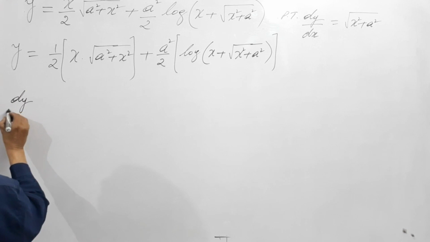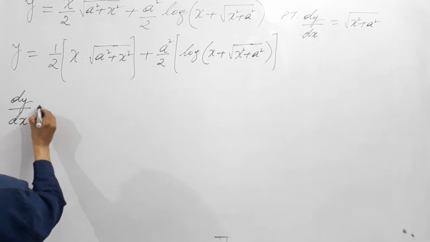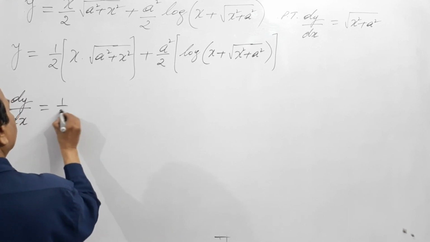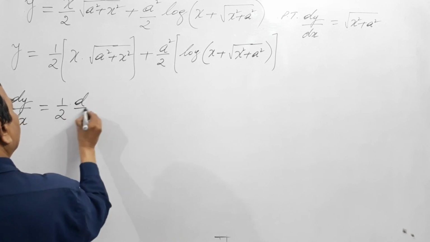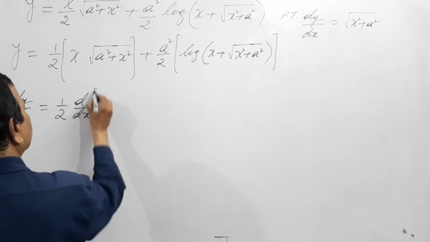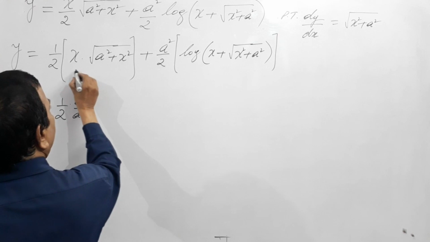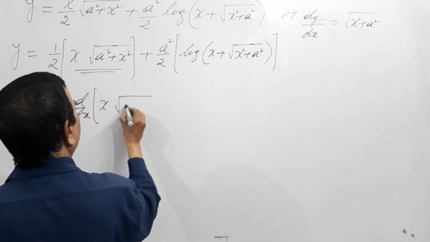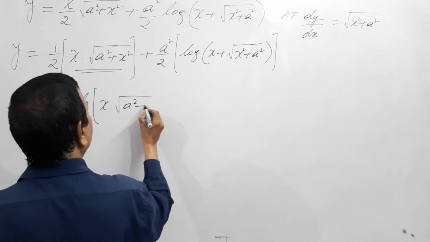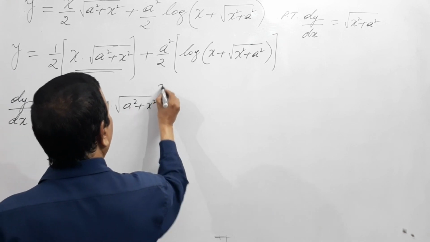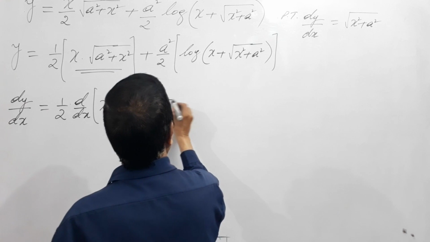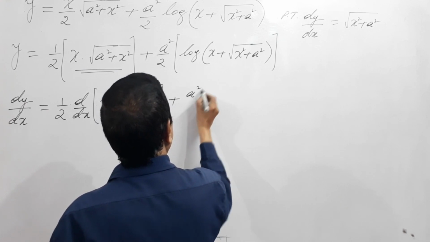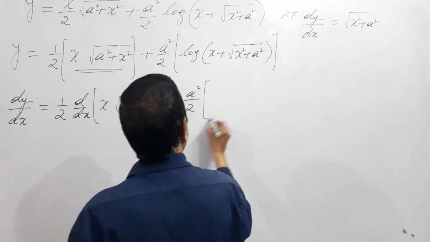So dy by dx equals, I will take this half outside, d by dx of, this is a product rule. So x into a square plus x square, I have to use this for this, and here again a square by 2 I will take outside.